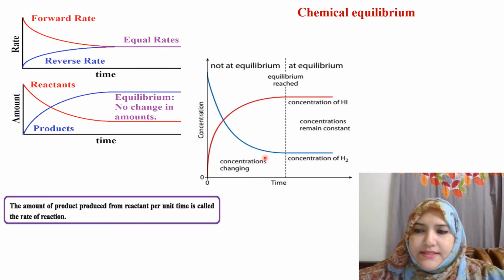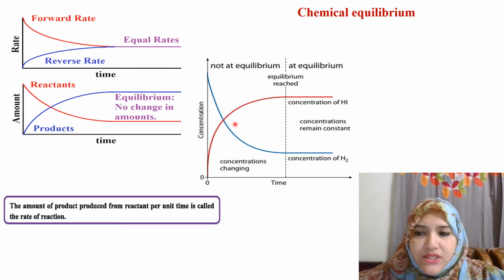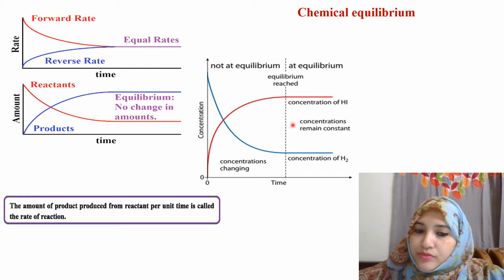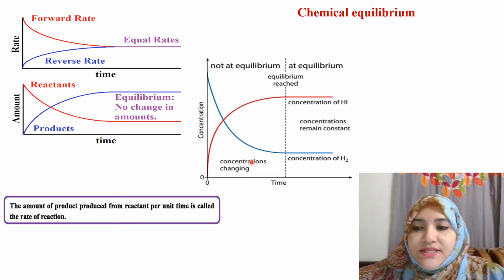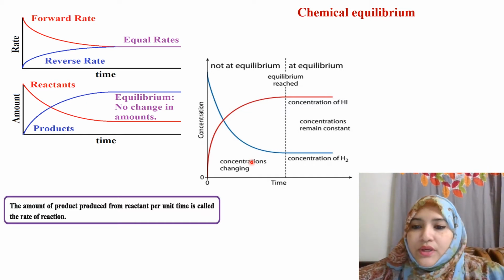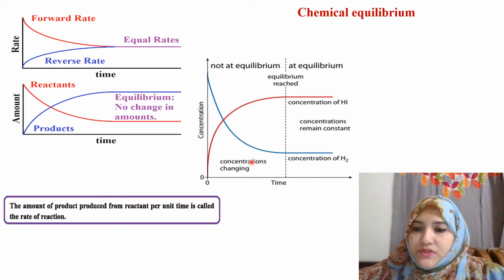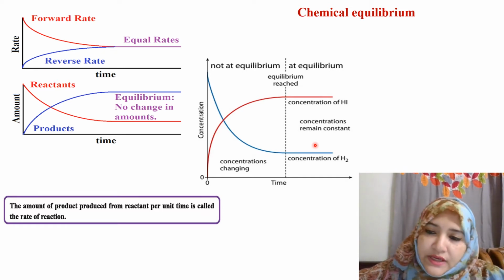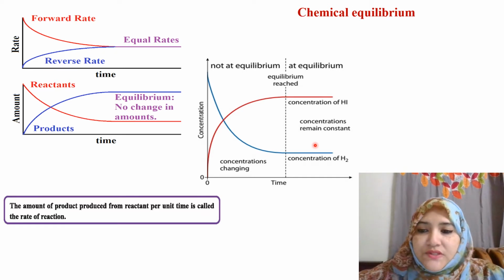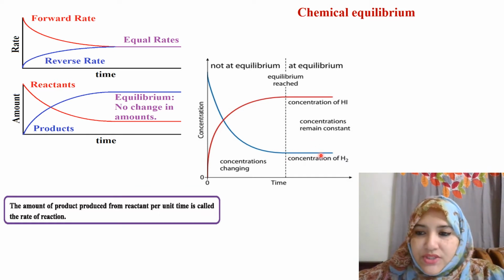As hydrogen iodide is formed, the reverse reaction is then able to occur, because for the reverse reaction hydrogen iodide is the reactant. Over time, the concentrations of hydrogen, iodine and hydrogen iodide remain constant.